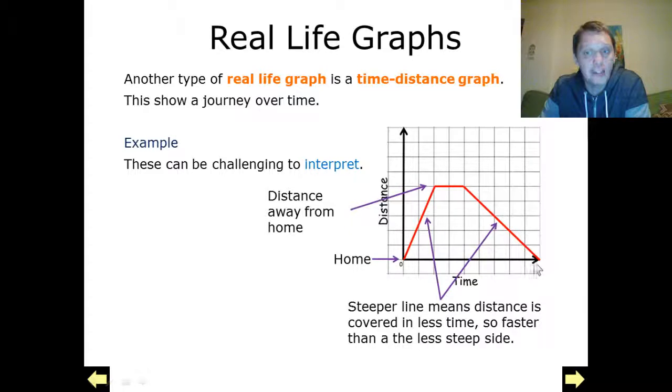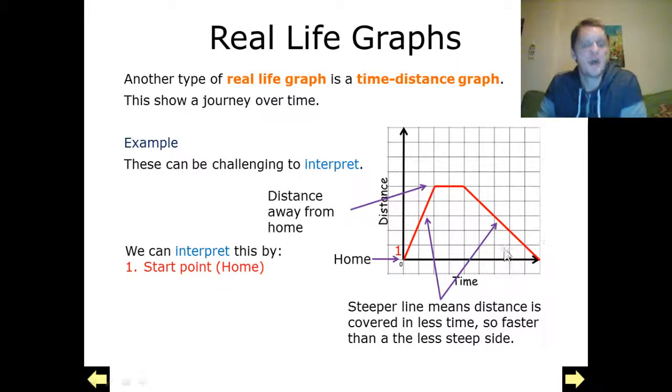The steeper the line, the quicker the speed. Using this as an example, the line travelling away from home is steeper than the line travelling back to home, so they will be travelling quicker heading away from home than travelling back.